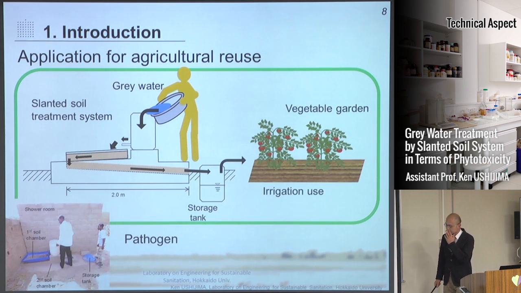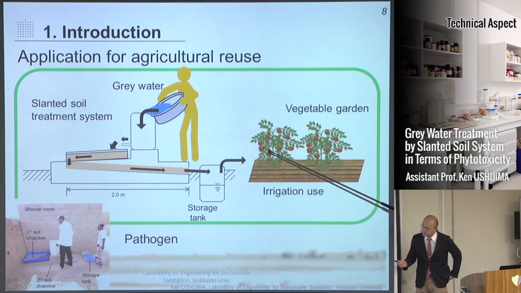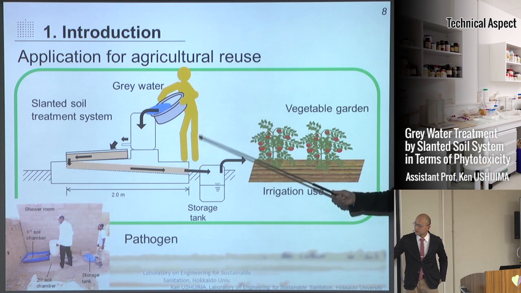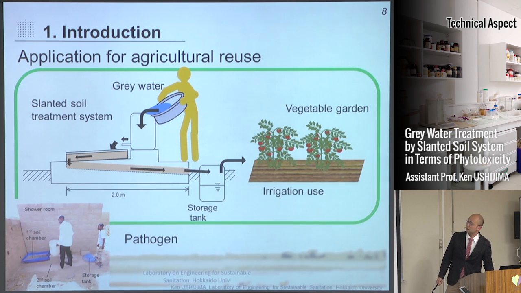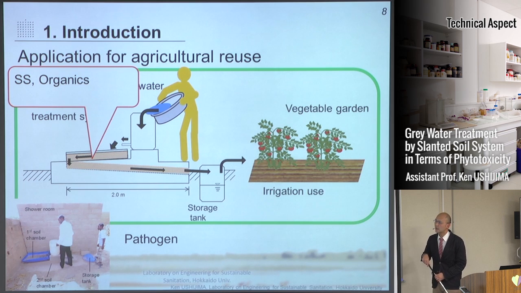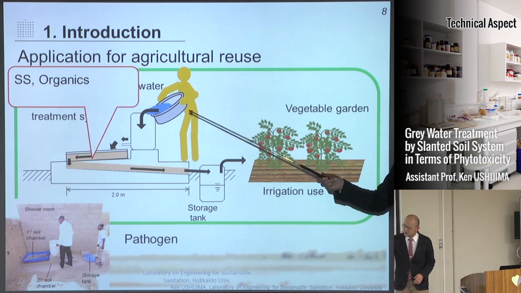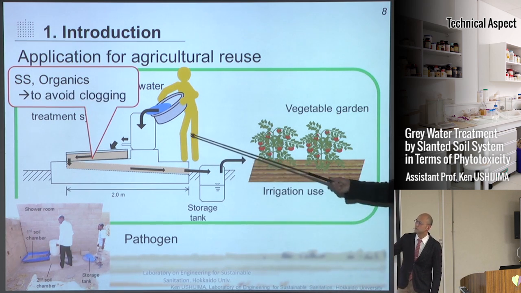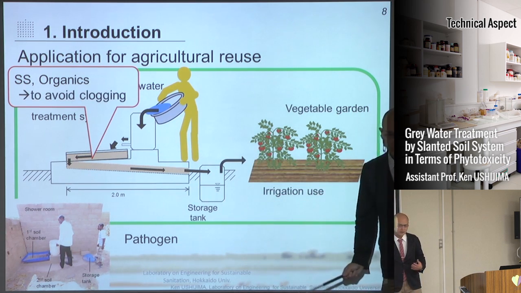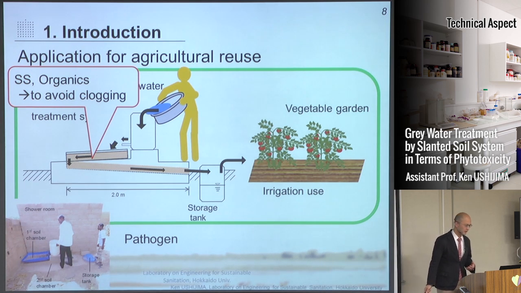If we focus on this situation, what will be the key points? First, suspended solids and organic matter are also important in this situation, but it is important to avoid clogging, not for natural environment contamination.